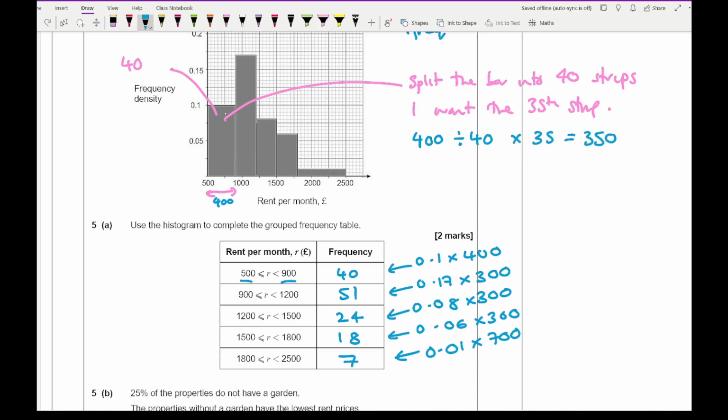So the 35th strip is going to be somewhere there, and that distance there is 350. So to work out the rental amount, it's going to be 500 plus 350, which gives me a final answer of 850.